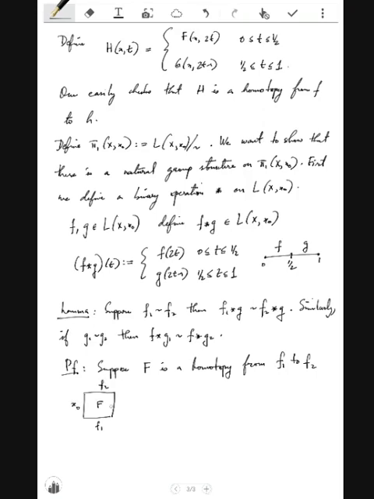It's x0 here, x0 here. So we just add another square, so here on all the horizontal lines the map is g.